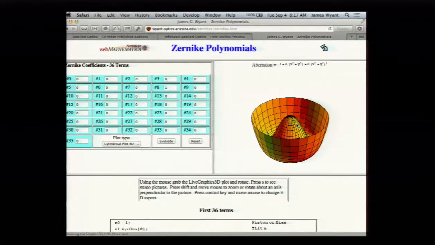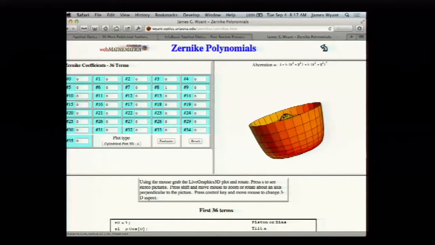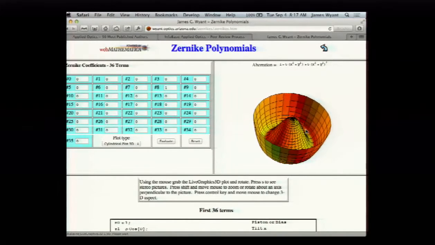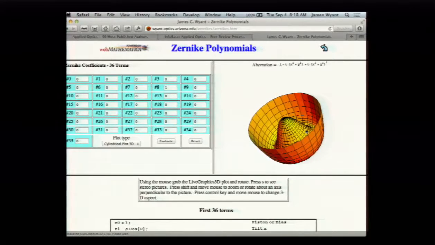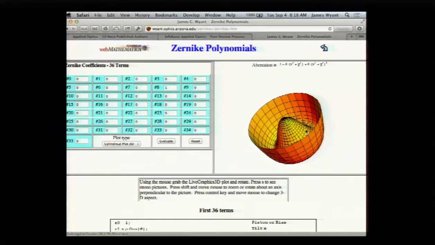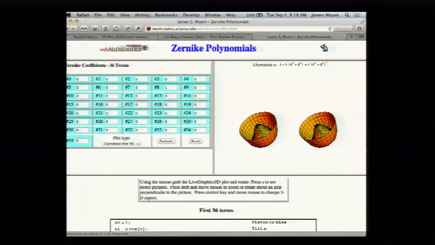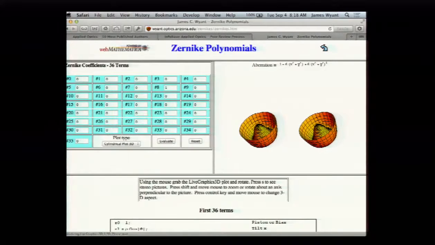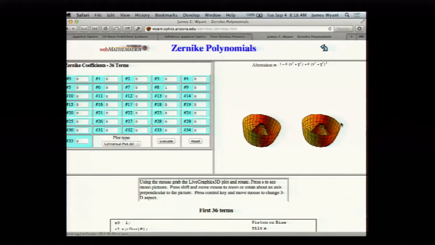What I like about these pictures, you can rotate them. But if I press the letter S, which stands for stereo, then you have stereo pairs, and you won't be able to see it from your seat. But I can see it very nicely on my computer here, and I can fuse the two together and see 3D quite nicely there.